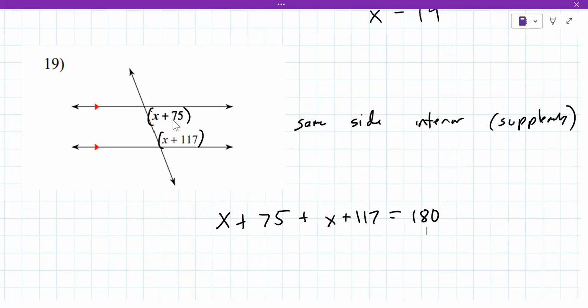And what if they go over? That's okay. Remember, you're just solving for X. X is not the angle. X is just a number that you're using to find the angle.